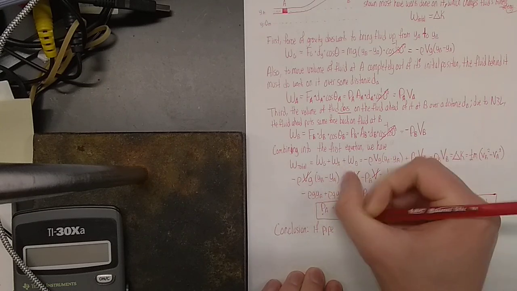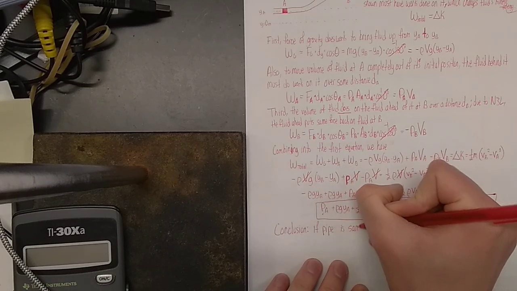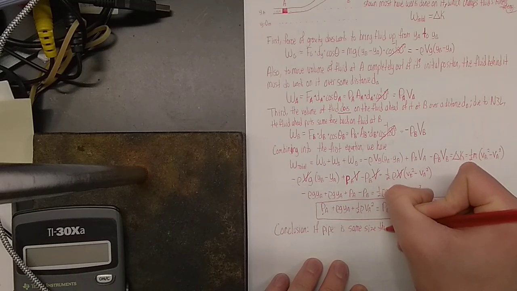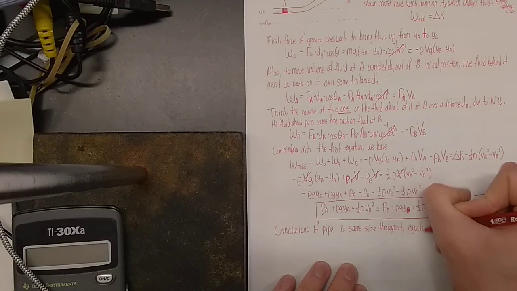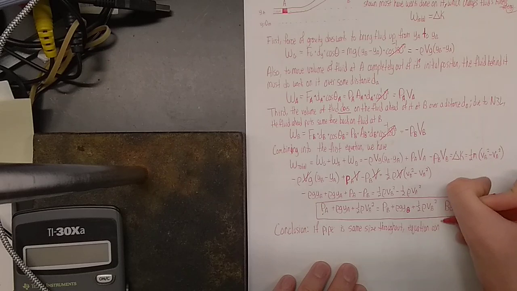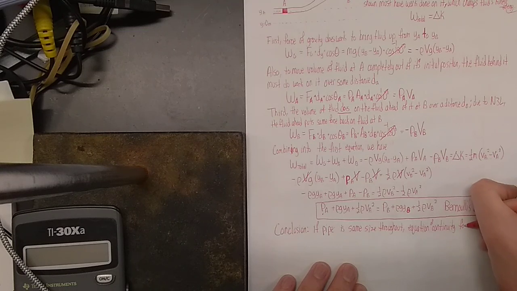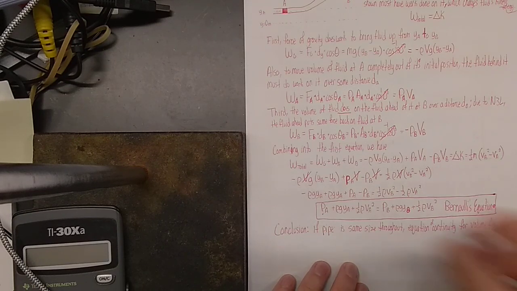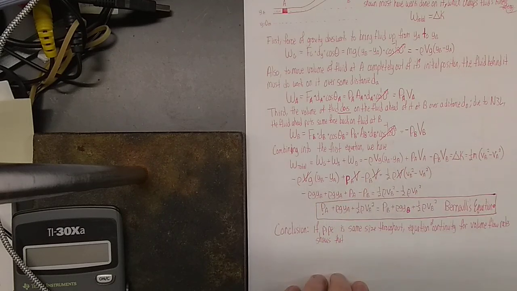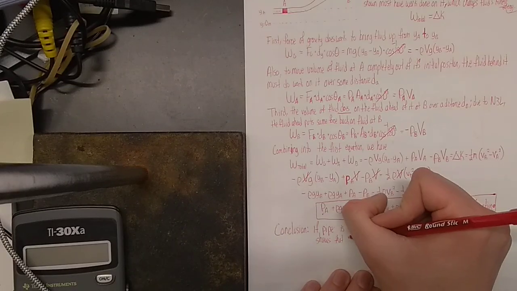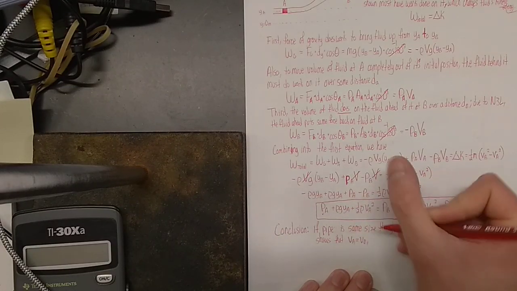If the pipe is the same size throughout, then the equation of continuity, which we talked about in the last video, for volume flow rates shows, if the area is the same, pipe is the same size throughout, that VA must be equal to VB.